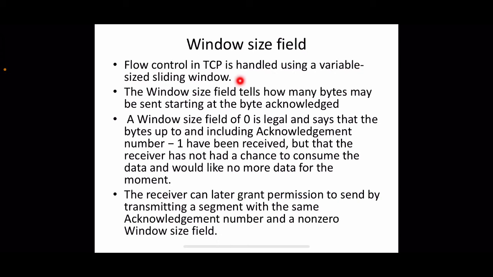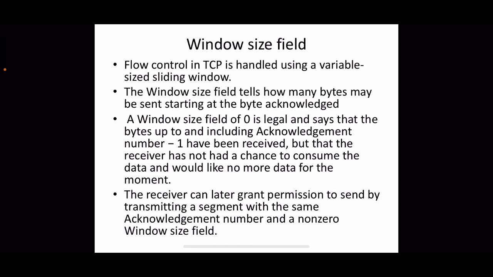Depending on the receiver's capacity and so on, the size of this sliding window will be adjusted. And the window size field tells how many bytes may be sent starting at the byte acknowledged. Currently, how many bytes can be sent? That will be indicated by the window size field.